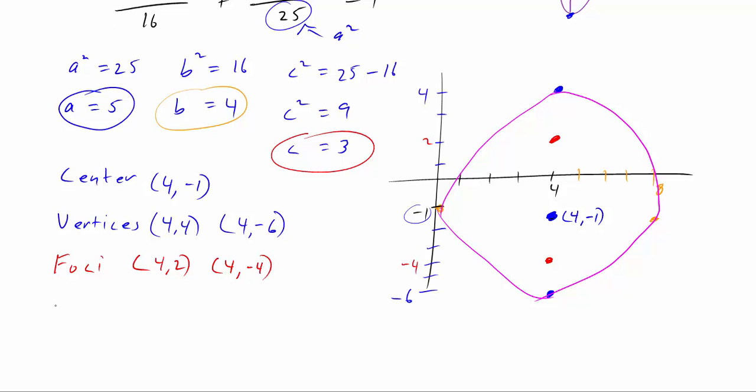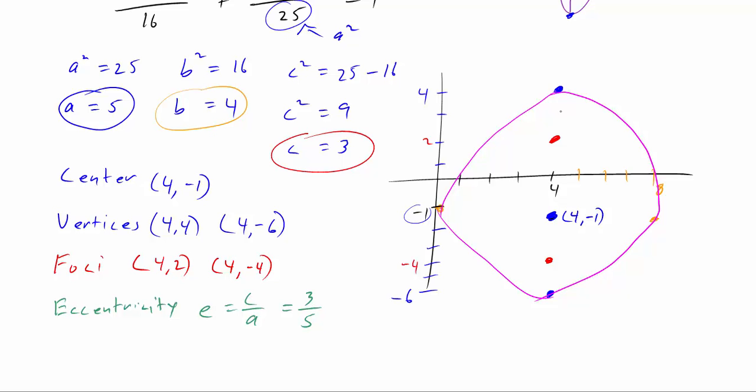And then, of course, the last thing we want to look at is the eccentricity. And again, that is our c value over a. So our c value in this case is 3 over a value of 5, which is 3/5. That again tells us a little bit about how circular or how elongated the ellipse is.